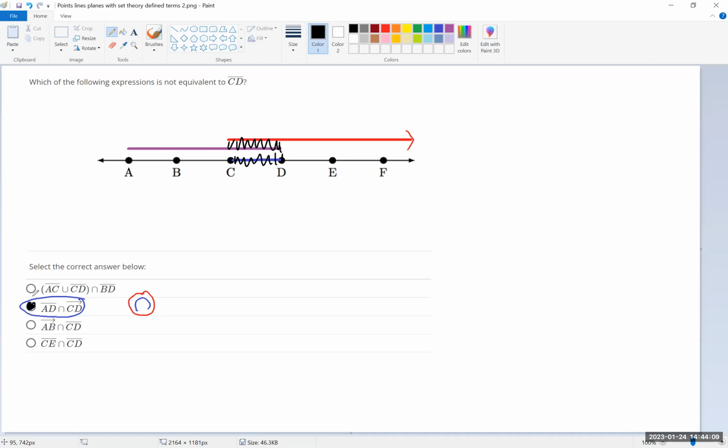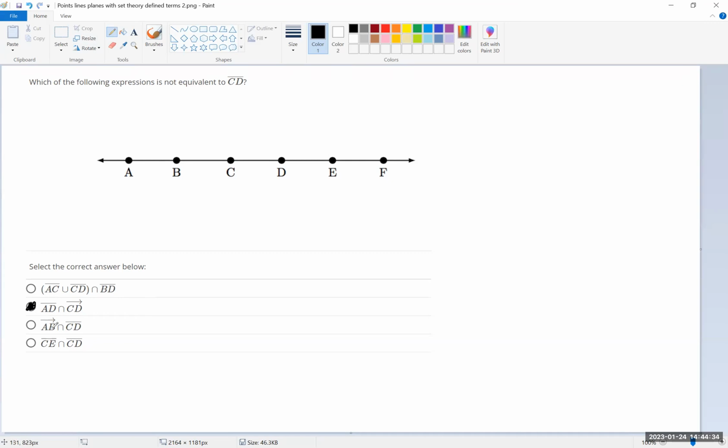That one works because the purple and the blue, where they meet, is in CD. Okay, so I'm going to erase those. All right, so I think we've agreed that that one works.